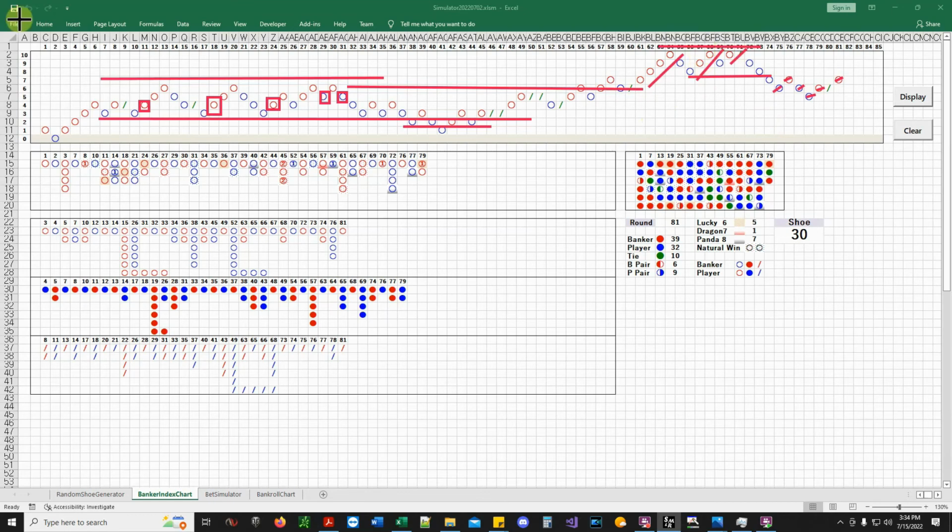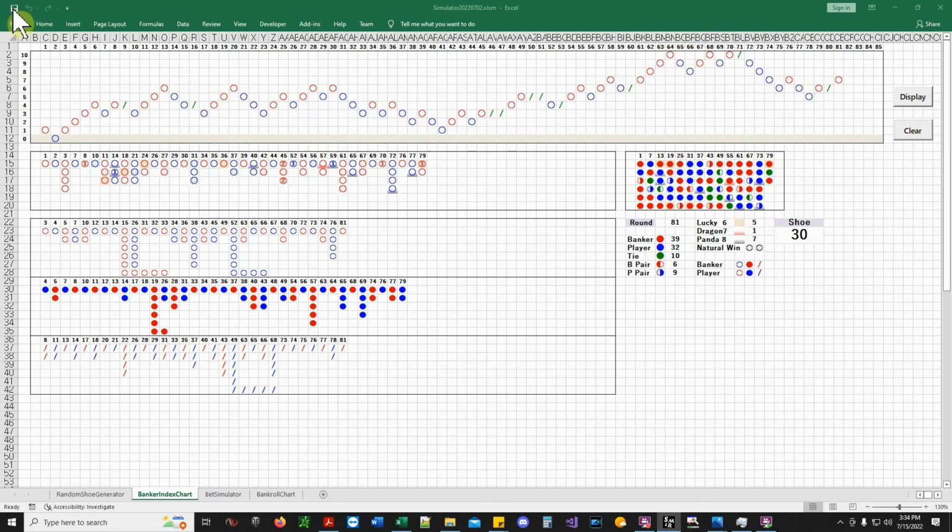But that right there, it's a perfect example of a transition. It's trending up, then all of a sudden, bang, started trending down again. The shoe is transitioning from banker to player, even though you're on the plus side of zero.